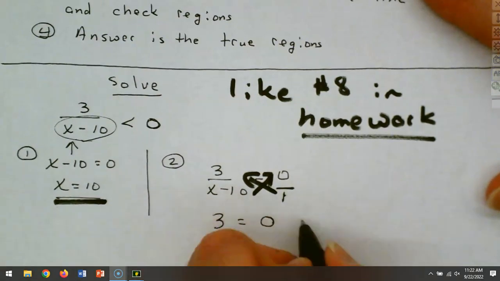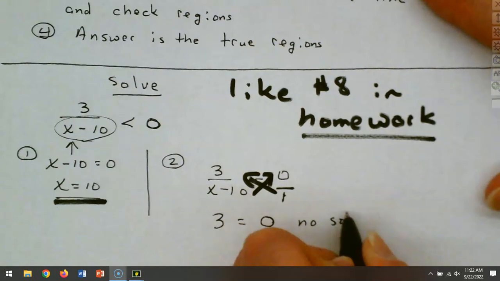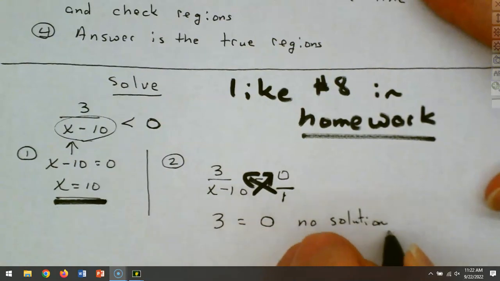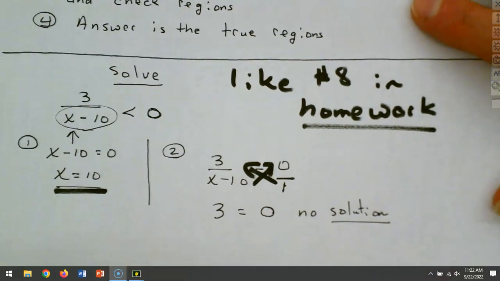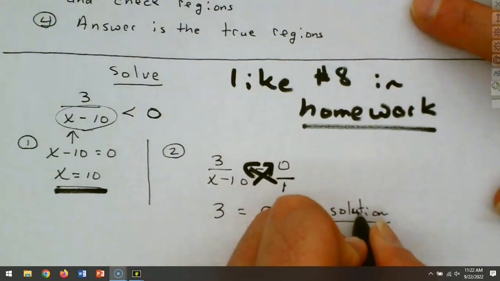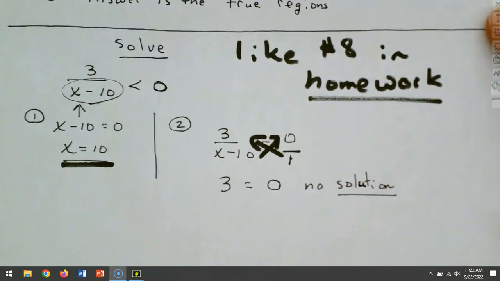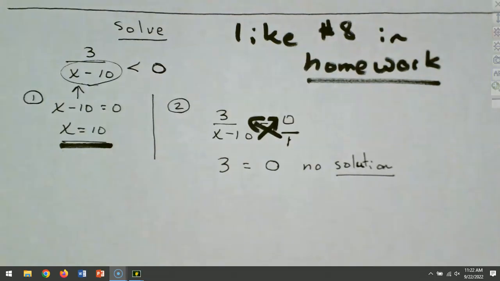And this one has no solution. Okay, so that one does not have a solution. So the only number that we have to check now is going to be what? 10.